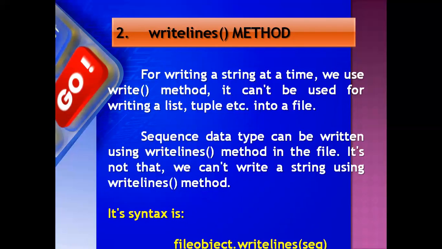Now next we'll discuss writelines. For writing a string at a time, we use the write method. It can't be used for writing a list, tuple, etc. into a file. Sequence data types can be written using the writelines method in the file.